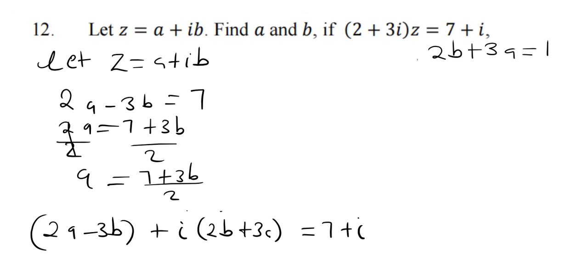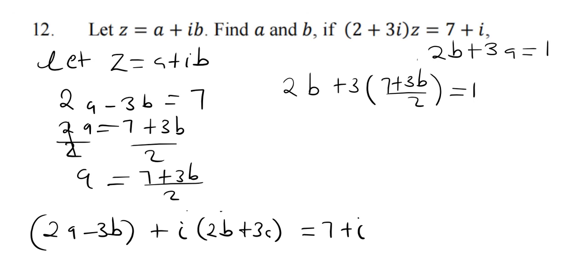If they are giving us that, and we found that a is that, I'm going to have 2b plus 3 times our a, which is (7 plus 3b) over 2, equals 1. We're just going to solve.